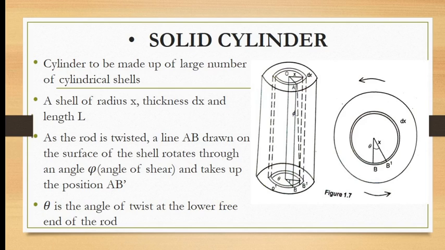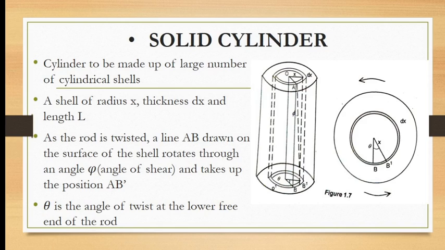The line AB will rotate through an angle phi, and now the point B becomes B dash and the line AB will become AB dash after applying the twisting couple.